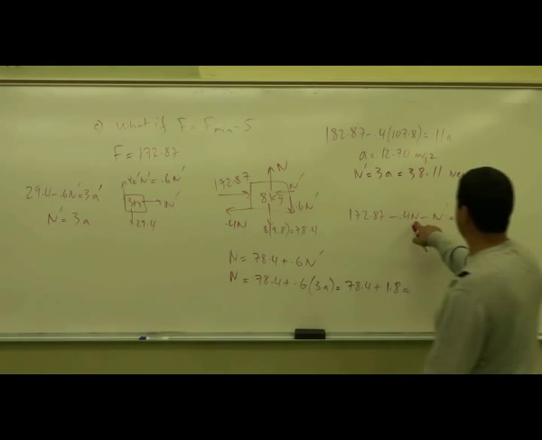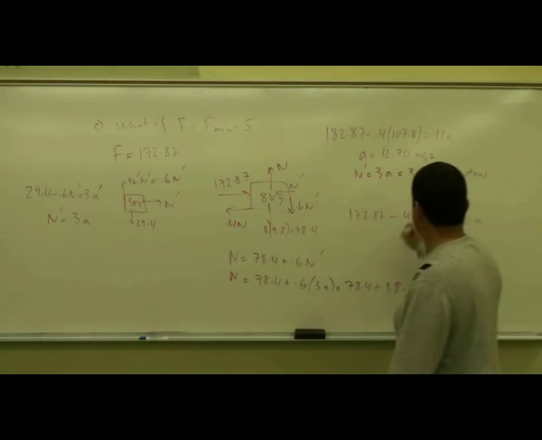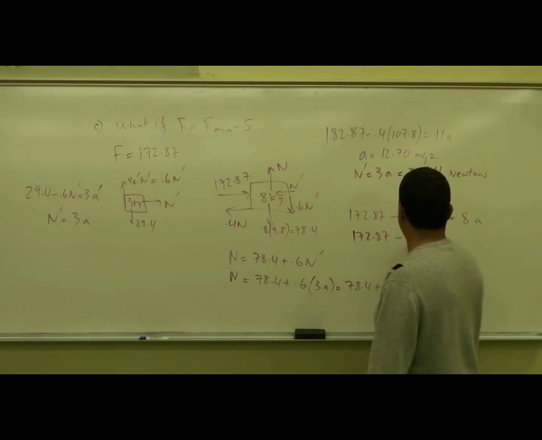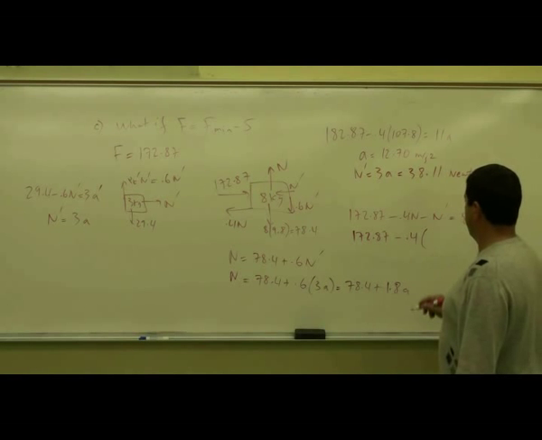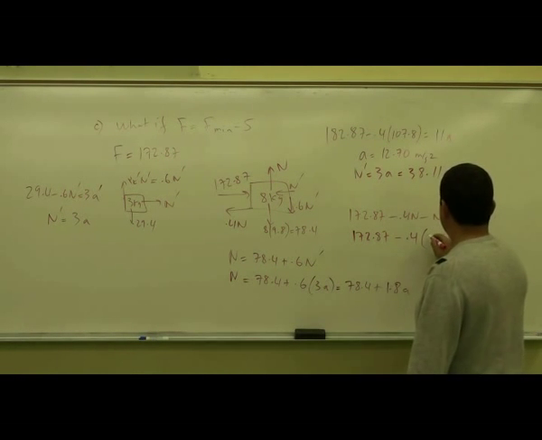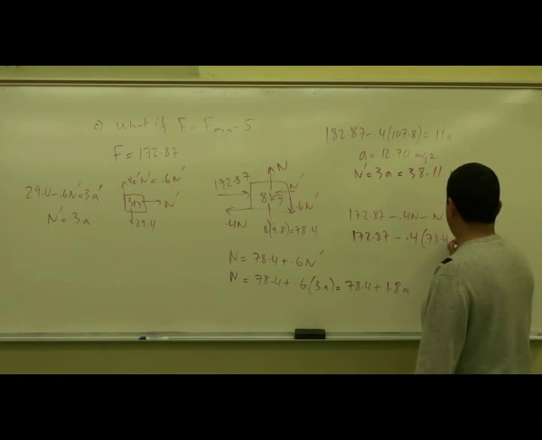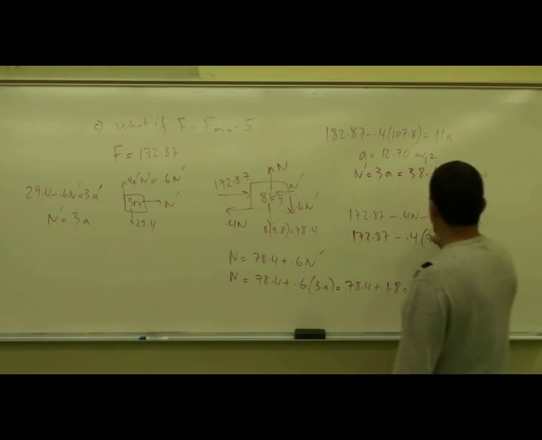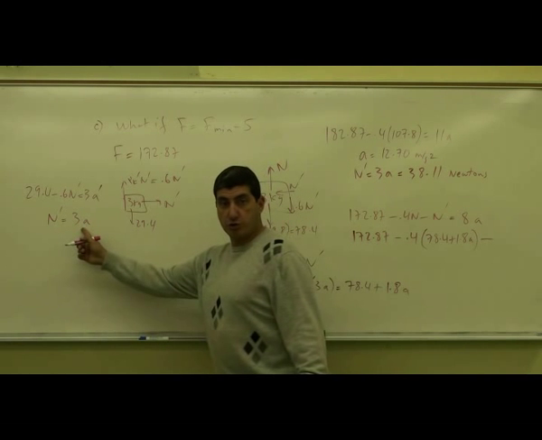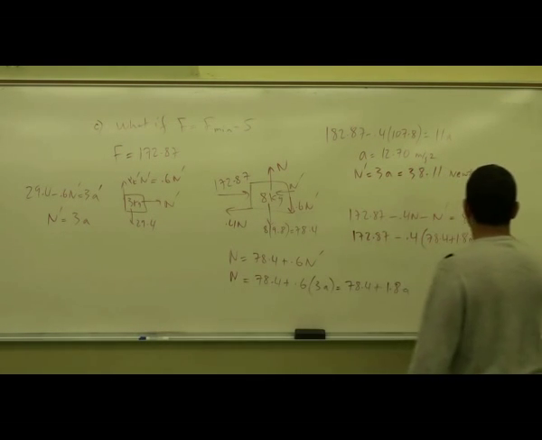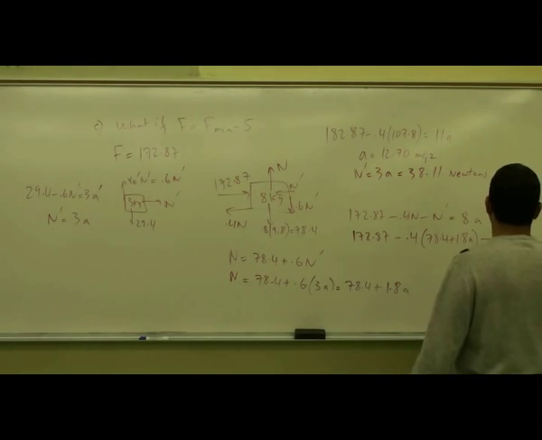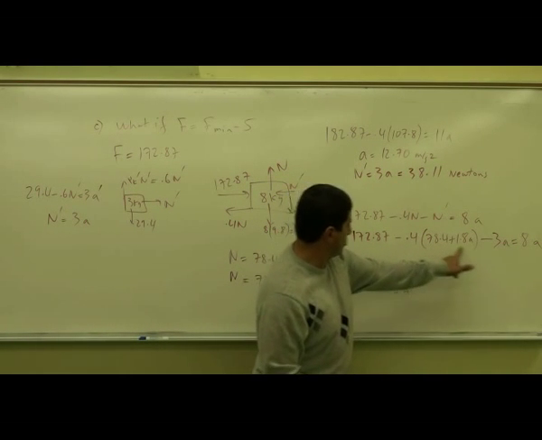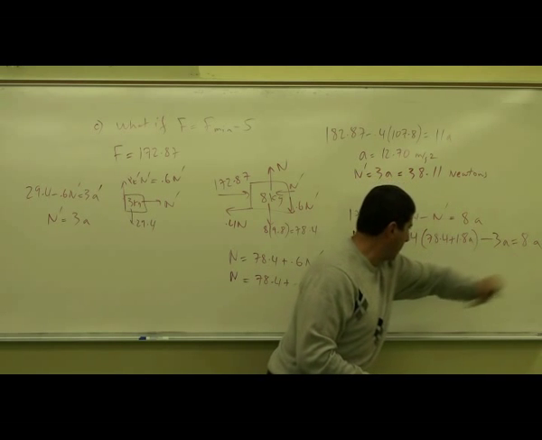So that's my n, which I can substitute here. So 172.87 minus 0.4 times n, which is going to be 78.4 plus 1.8a, minus n prime, which is 3a, is equal to 8a. So you see you have the 0.4, and then you have the n, and then you have the n prime, then you have the 8a.